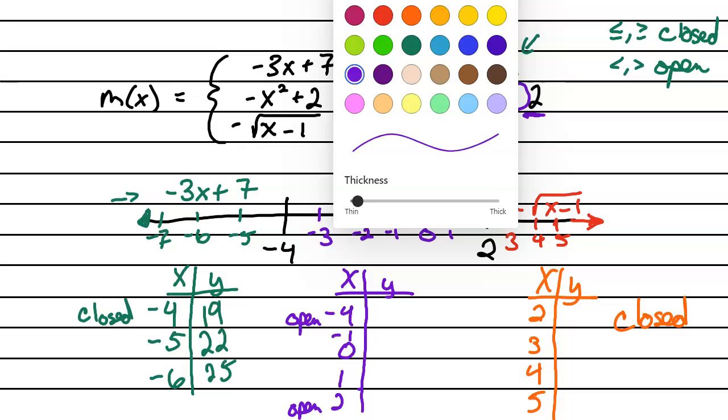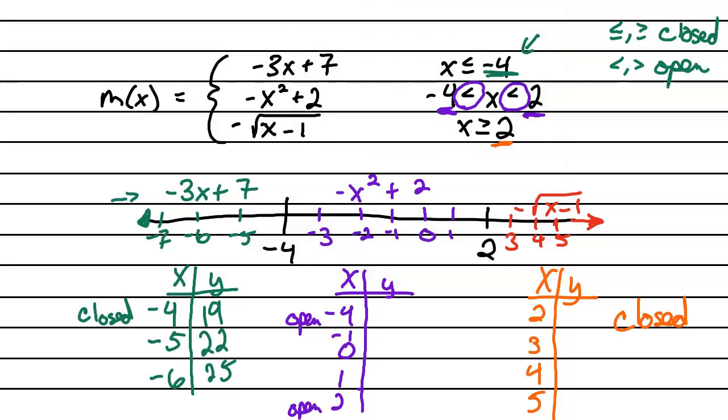Then here, we have to be careful because this is an opposite of -4 squared plus 2. So a -4 squared is a positive 16.